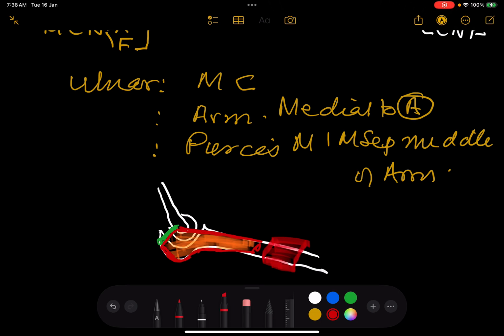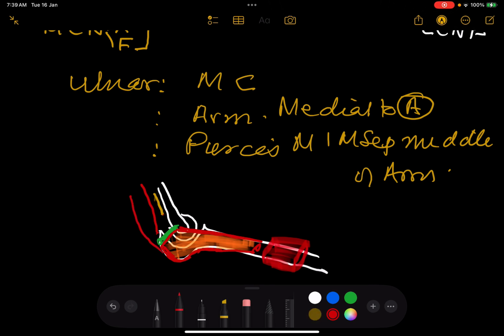So this is the flexor digitorum profundus. The ulnar nerve lying between the medial intermuscular septum and the triceps. Triceps would be getting inserted in the olecranon.